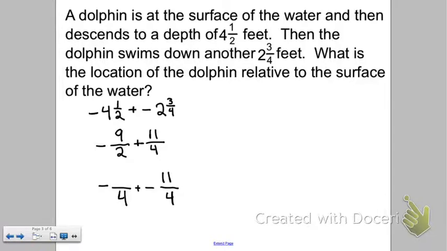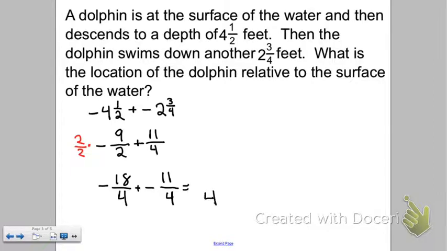If I want to turn my first fraction to have a denominator of 4, I need to multiply the numerator and the denominator by 2. 9 times 2 gives me 18. 2 times 2 gives me 4. I now have a common denominator, so I can add my fractions.